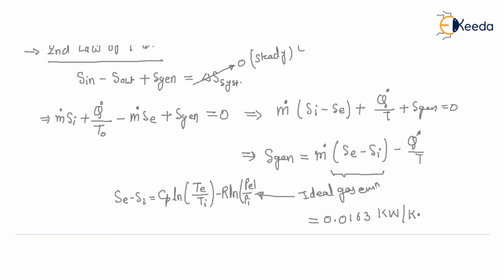R is given, Cp is given. So you find this Si and Se, put the value, and this is your final answer. Okay, thank you very much.